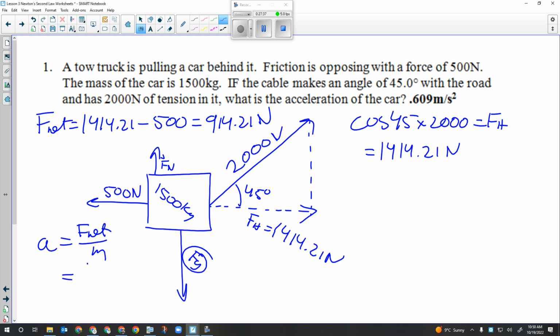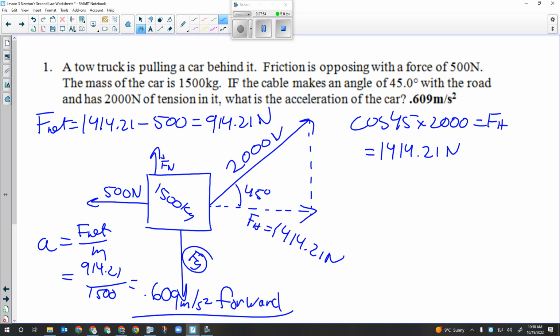So we're going to have 914.21 divided by 1,500 kilograms, and we should get 0.609 meters per second squared forward. Okay. All right. So is there some vectors to do there? But again, it's about visualizing it.